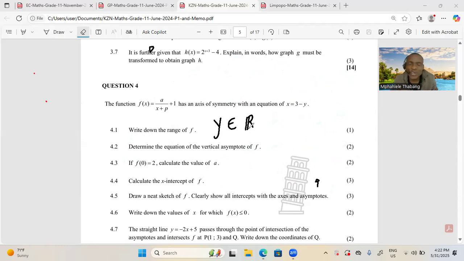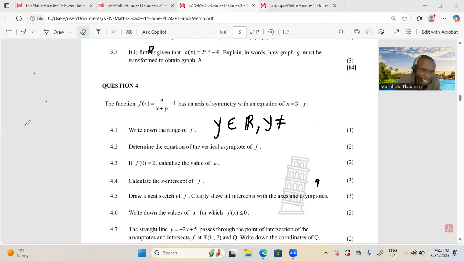When you are looking for the range of a hyperbola function, you say y is an element of real numbers. But you will also say y should not be the y asymptote. So what is the y asymptote? The y asymptote in this case is 1.